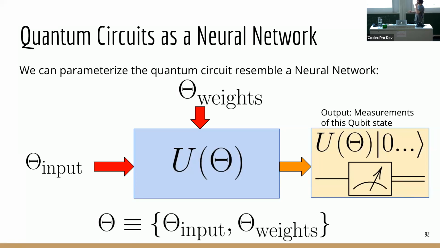So we are passing in some data as input, some data as weights. These get combined into some unitary transform U of theta, and then we will apply U of theta to some initial qubit state. This might as well just be the default all zero ket state, and then we can take some measurements of our circuit.